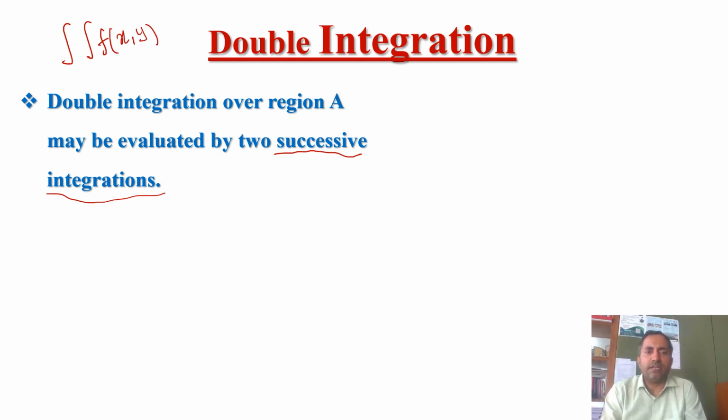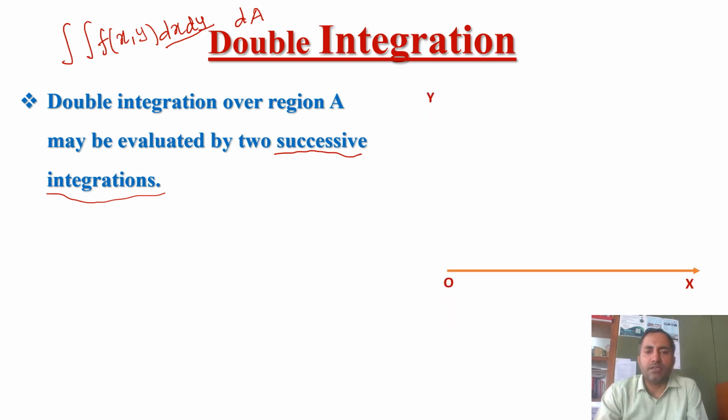Here it is f(x, y), and dx dy should be there, or in place of this dx dy we can write dA. In the single integration, we were integrating between two points. In the double integration, we are integrating over the area.